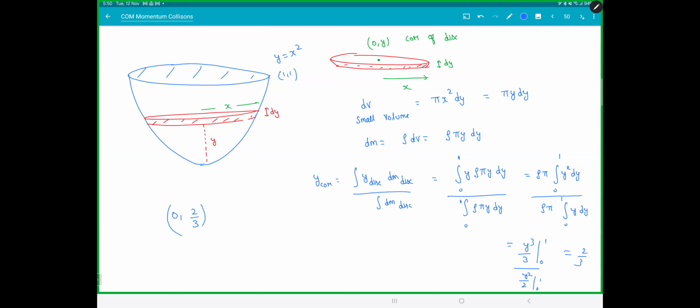Is this making sense, everyone? Did you actually observe the integration was easy, right? It is simply x power n integration. The headache was how will you choose an element? How will you find the mass? This is what I keep saying. In physics, the biggest headache is always this part. The actual integration will always be easy. Choosing an element and figuring out the thing is the important part. Have a look at this.